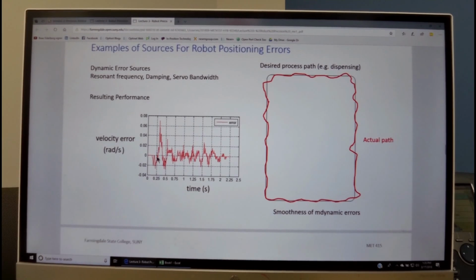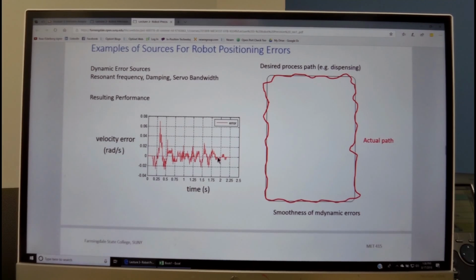Now the lowest frequency typically is the bandwidth of the machine. It's the highest frequency that the machine can control with minimal error. And then on top of it, we have the higher frequencies, which are the so-called resonant frequencies that may be of various magnitudes.